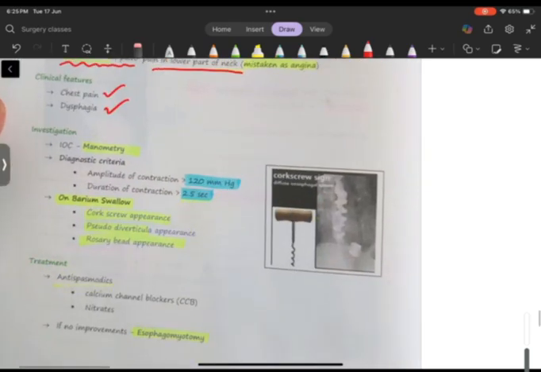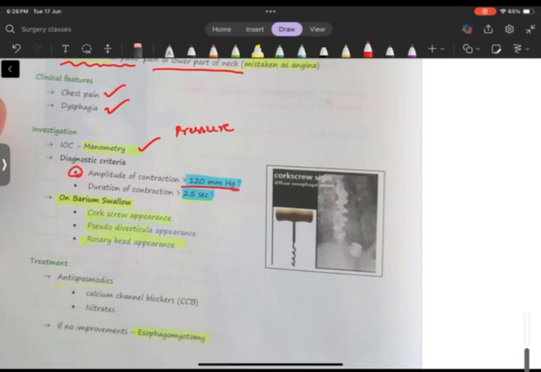What is the investigation we'll do for all motility disorders? We'll go for manometry. Basically measure the pressure inside the esophagus. So diagnostic criteria, if the amplitude of contraction when we measure is more than 120 mm of Hg, or if the duration of contraction is more than 2.5 seconds. Usually the primary and the secondary contraction is progressive and it won't sustain for long.